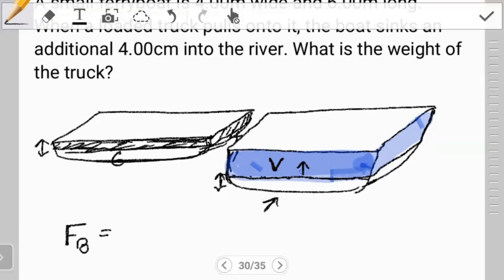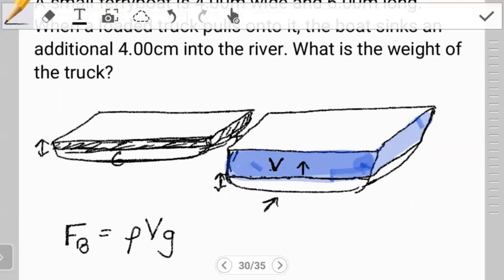And we know the displaced fluid will have the same volume as this section in blue, the section that sinks. So the weight of that section will be given by rho V, density times volume, multiplied by g. This gives us the weight of the displaced fluid due to the sinking of this section.